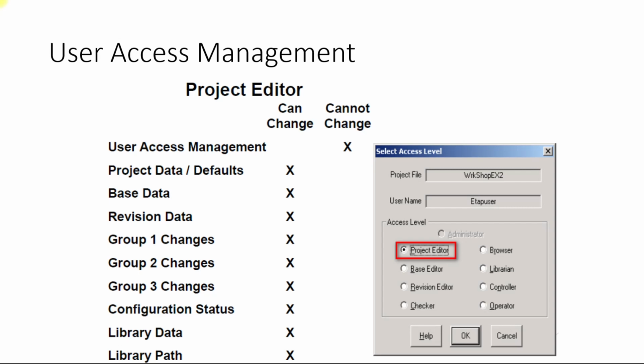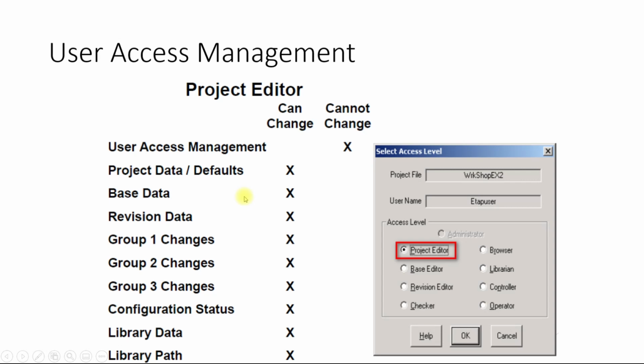When you open ETAP for the first time and try to create a new case, ETAP asks for user management. This user management is very important for ETAP. Usually we will use either the project editor or the base editor. The project editor can create a new project and change the project.